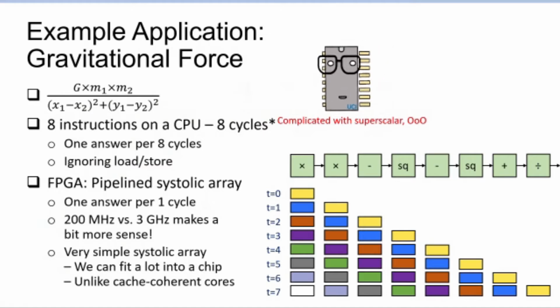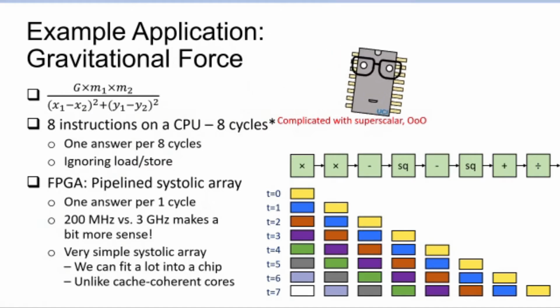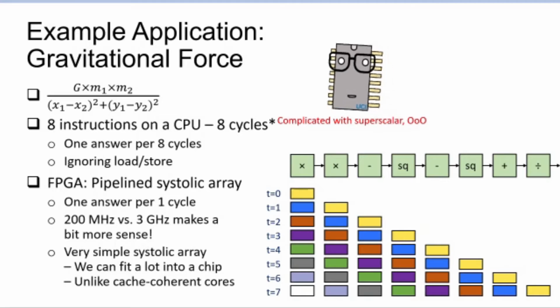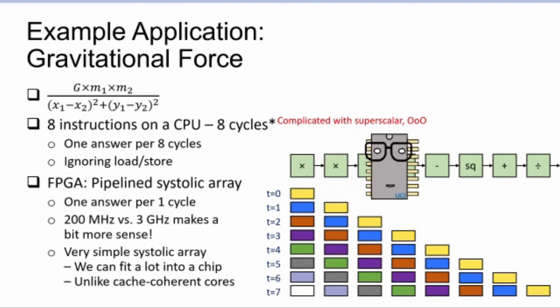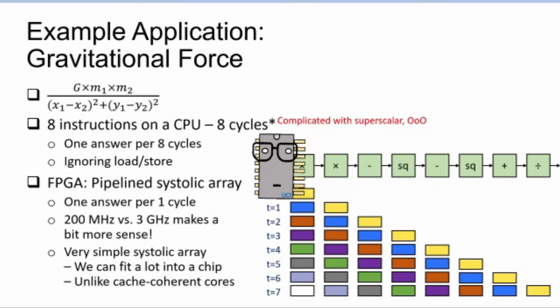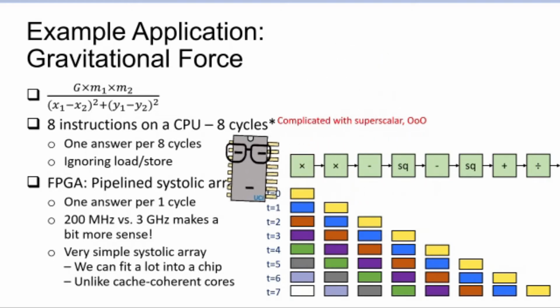This involves 8 floating point instructions: subtractions, multiplications, addition, multiplications, and then division. So 8 arithmetic operations. If we don't have superscalar, out of order, or SIMD, this would require 8 cycles. But anyways, per ALU on a general purpose processor, it's going to take 8 cycles to actually process this.